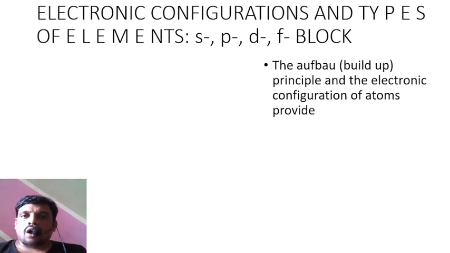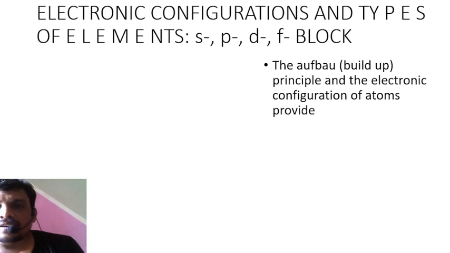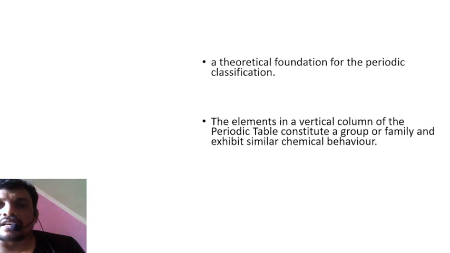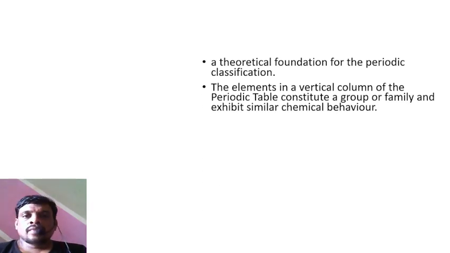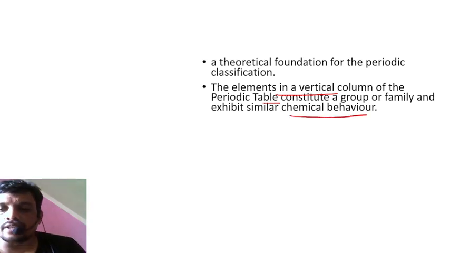Now, the Aufbau principle, whatever we have seen, provides the atoms and their electronic configurations a theoretical foundation of the periodic classification. Let us learn. The elements in a vertical column of the periodic table constitute a group or family. Whatever vertical columns are there in the periodic table, they contain a group or family of elements similar in chemical behavior.